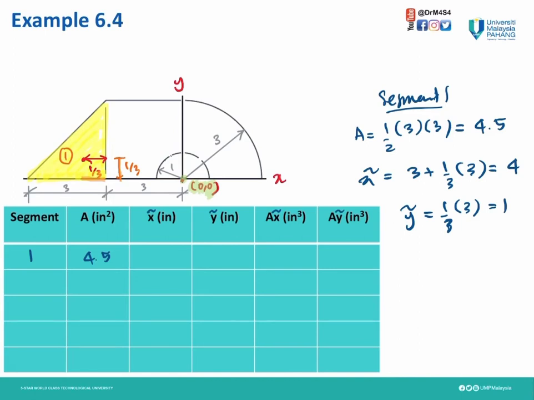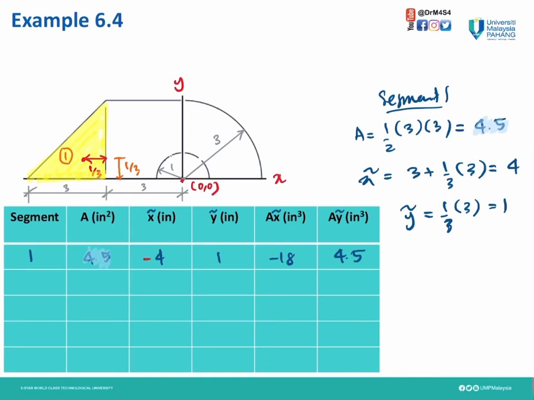Therefore, for x prime is 3 inch times 1/3 times 3, so we get 4 inch. Then the y is 1/3 of the total height of 3 inch. Therefore, 1 inch. So we fill this data in the table, which is 4.5 inch square.